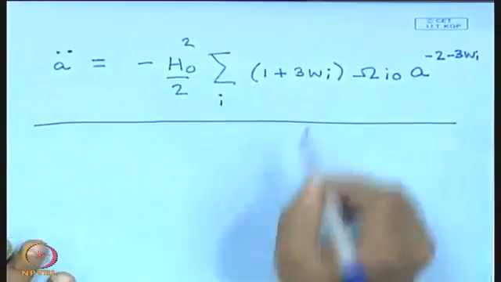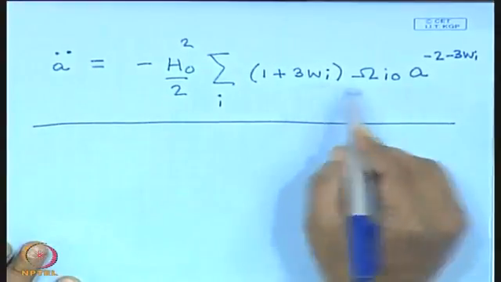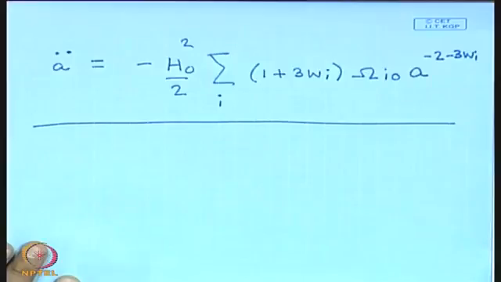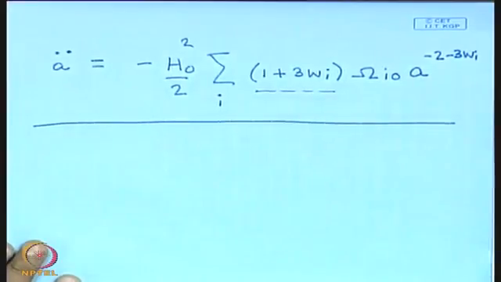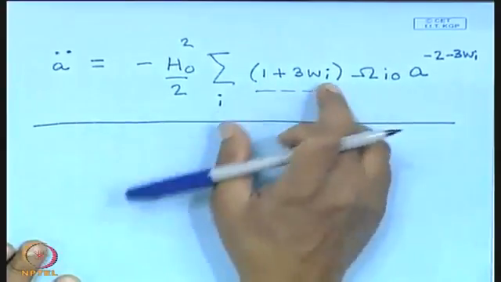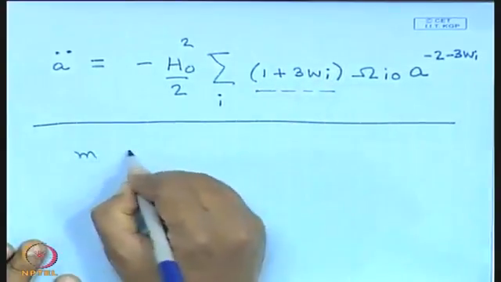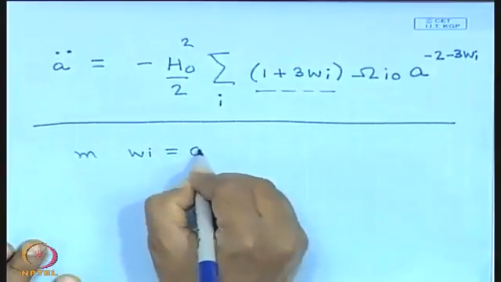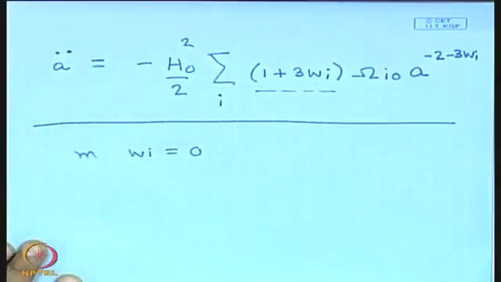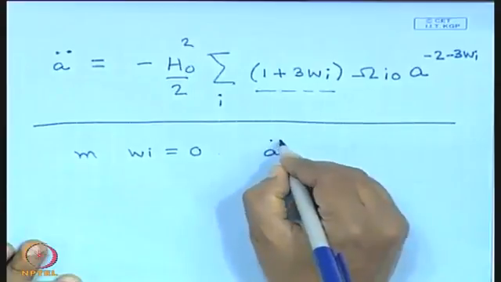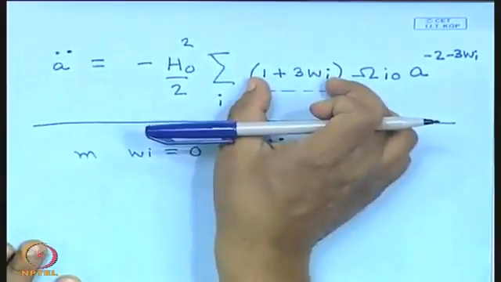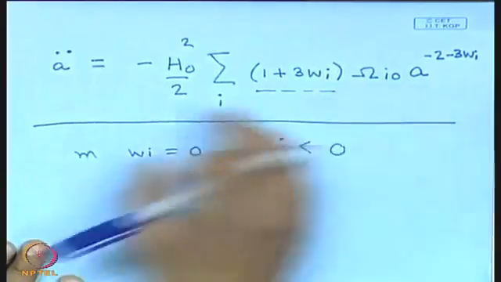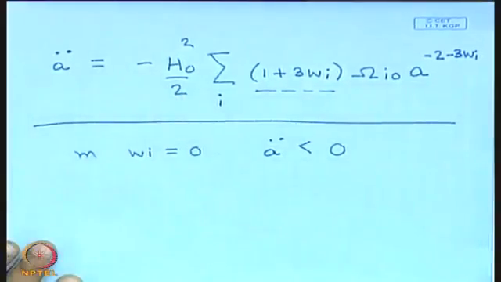In this equation, if I have ordinary matter, then this term will be positive because w_i is 0. For matter, w_i is 0, which means that a double dot will be negative, because this is a positive term, and the universe is going to be decelerating.